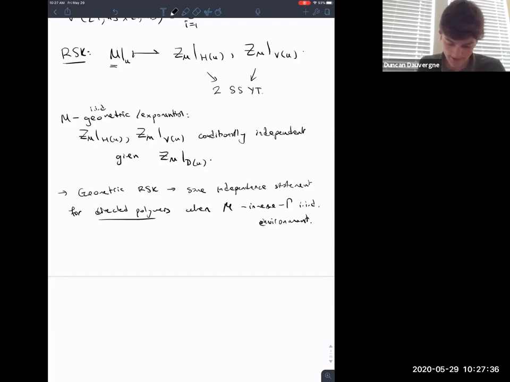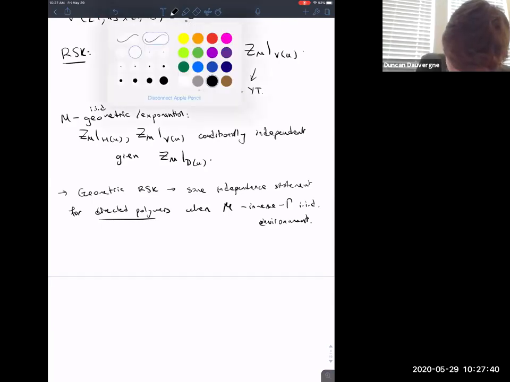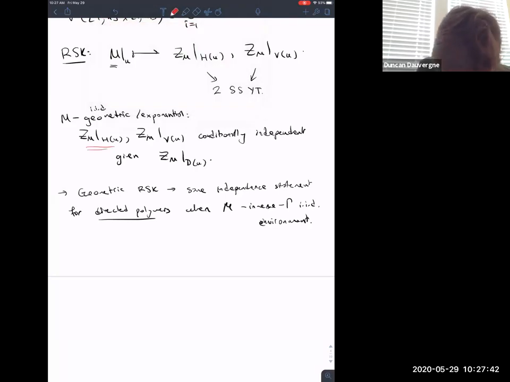And what's maybe less known about RSK is that these two sets of last passage values, Zm restricted to H of U and Zm restricted to V of U, contain some more information than you initially see. So I'll state this loosely as a theorem.